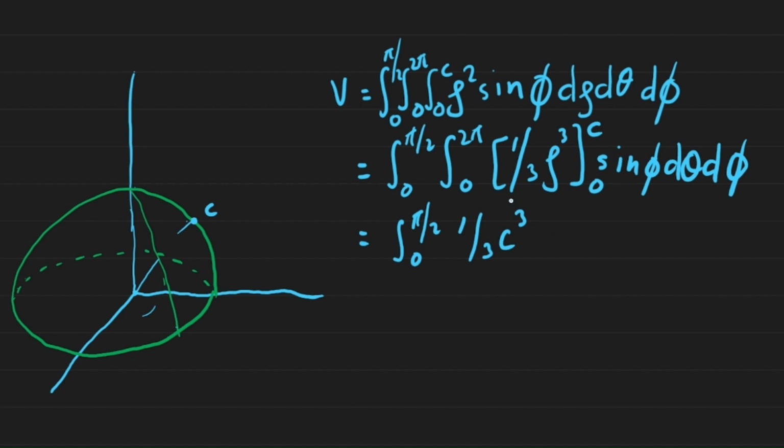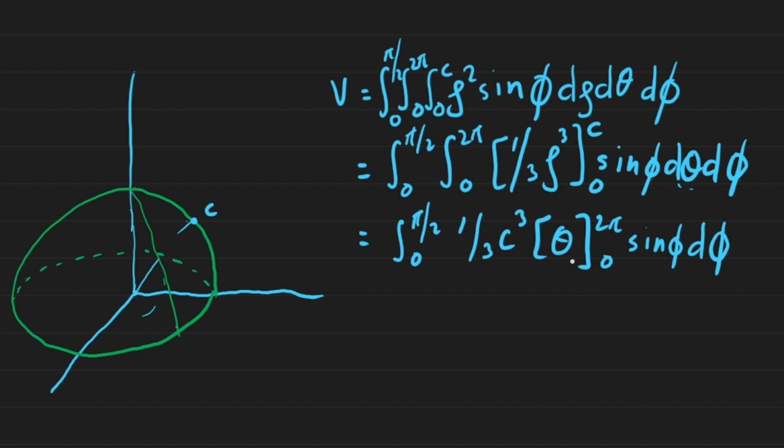And then the integral of d theta is just theta, going from 0 to 2 pi. And lastly, d phi. Or rather, sine. I keep forgetting the sine of phi, d phi.